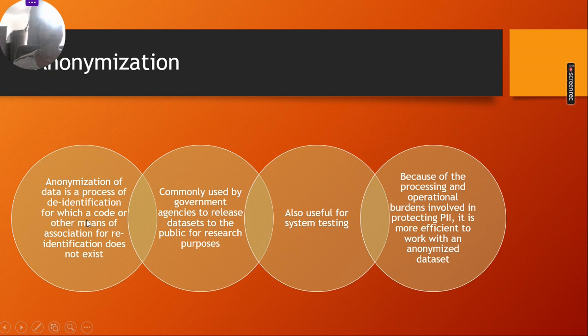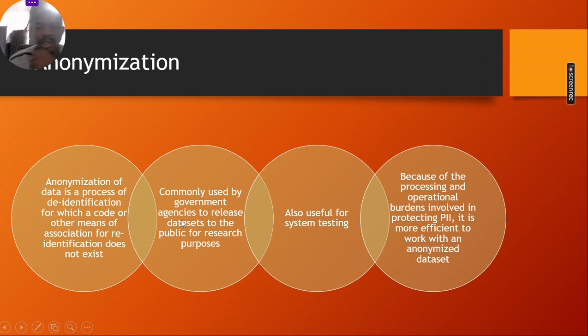So there will be no code, no algorithm, no pseudonyms or any other method that can help for the re-identification of PII. Re-identification does not exist in this case. They are commonly used by government agencies to release data sets to the public for research purposes.